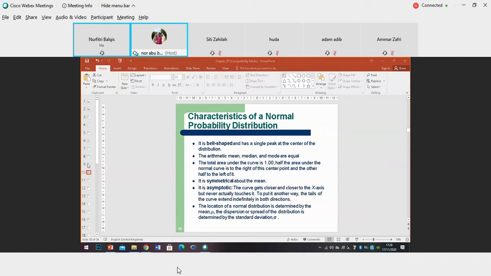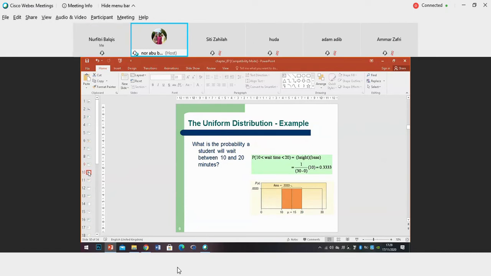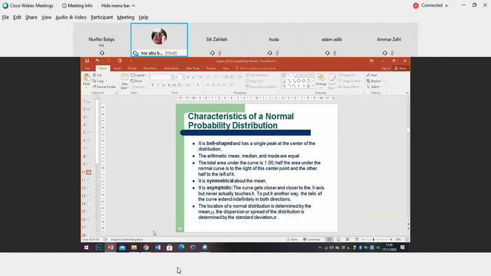Oh, I see. I know you accountants are always like this. Selalu tanya berapa decimal places. Biasanya 3 lah. Kalau tak boleh 3, 2 pun okay. Alright?